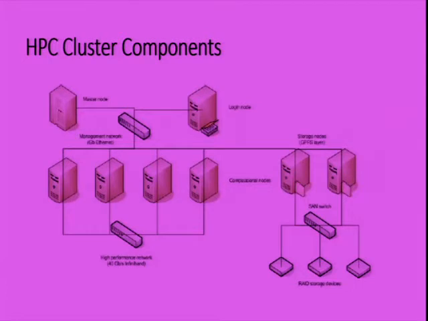And the way that works is we have a number of storage nodes, and they present the file system to the cluster onto the login node and on your compute node. And that connects to the backend SAN storage system. And that provides high bandwidth, parallel file access, and it provides high performance metadata.